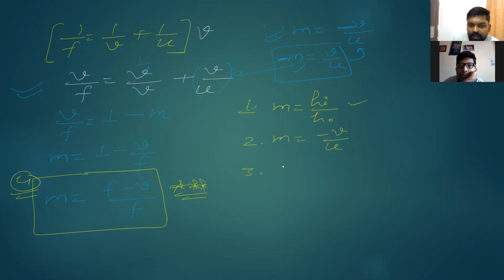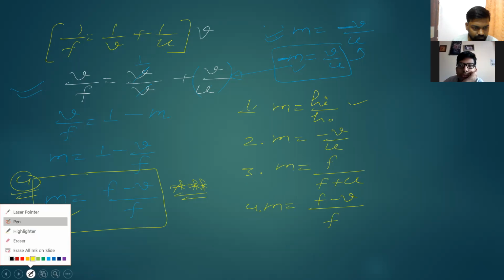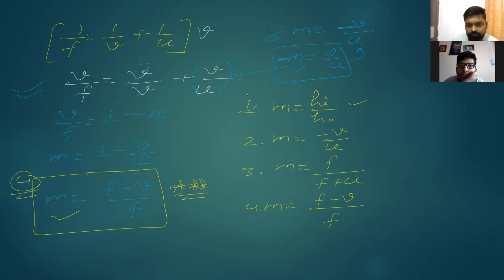Third is m is equal to f upon f plus u. And fourth is f minus v upon f. This is the fourth formula. So remember all these formulas.